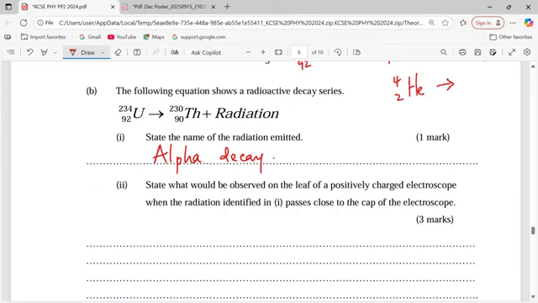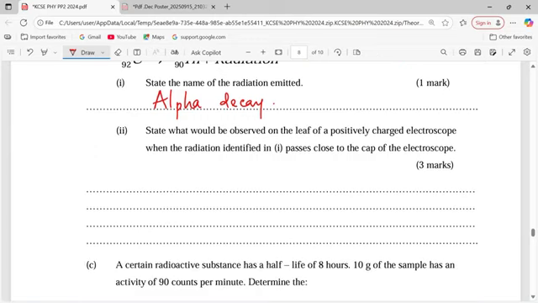Look at Roman 2 of this, whereby we are told to state what would be observed on the leaf of a positively charged electroscope when the radiation identified in one passes close to the cap of the electroscope. When alpha radiation passes near a positively charged electroscope, remember it's also positively charged.